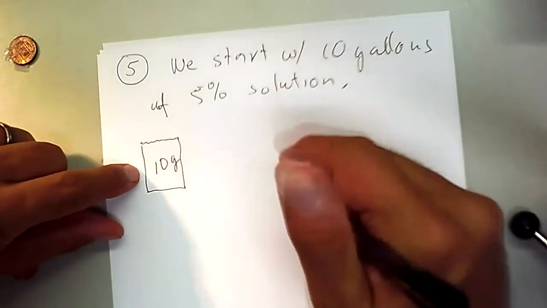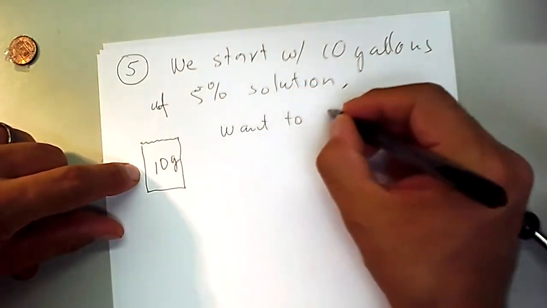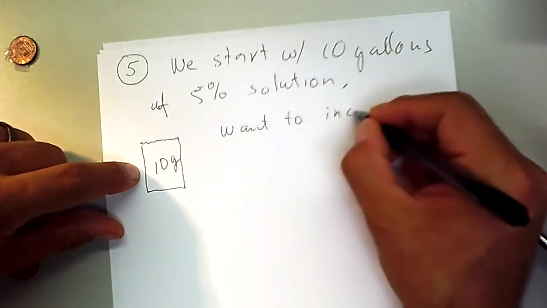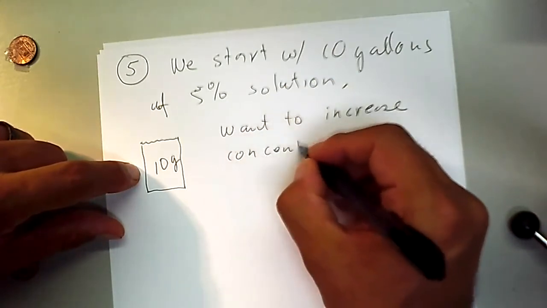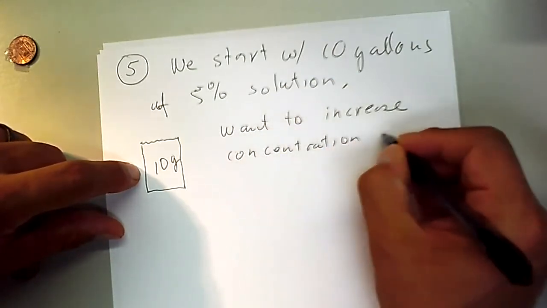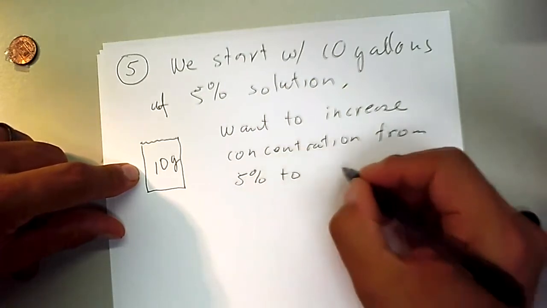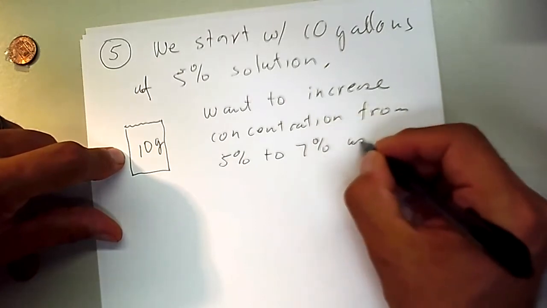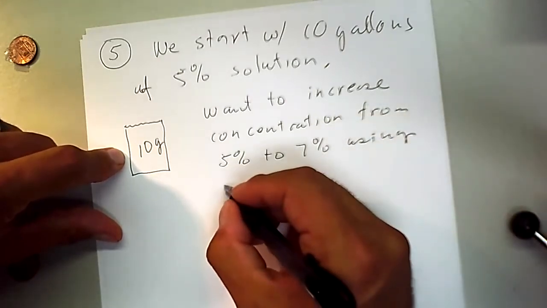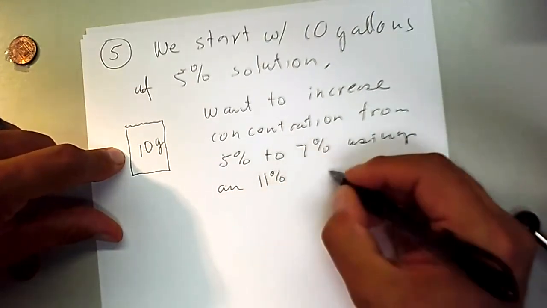And let's say we want to increase the concentration from 5% to 7% using, and I'm going to change this, an 11% solution.